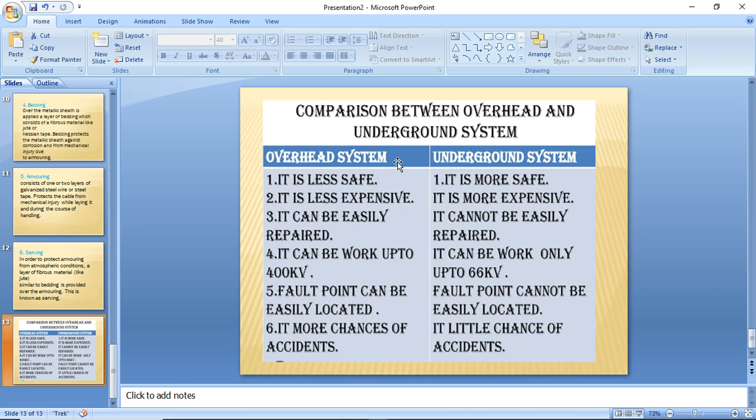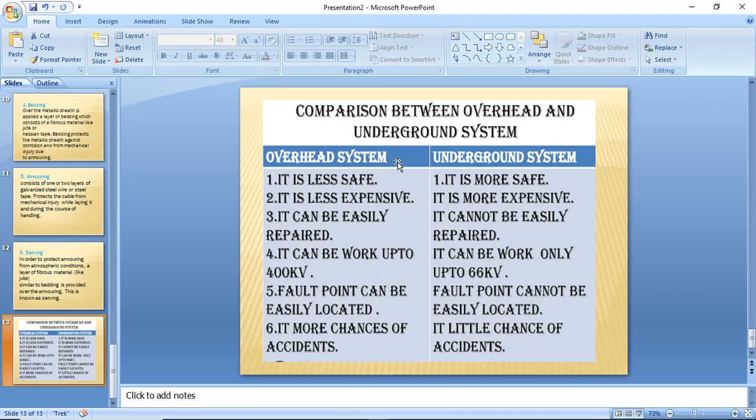Point number 4: overhead can work up to 400 kilovolts, but underground can only work up to 66 kilovolts. Number 5: the fault point can be easily located in overhead, and for underground the fault point cannot be easily located. It is the same reason as to why it is easy to repair.